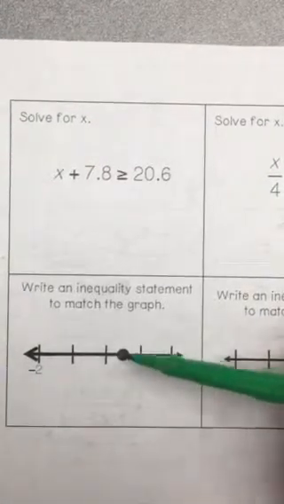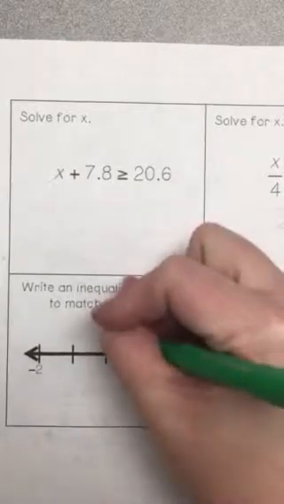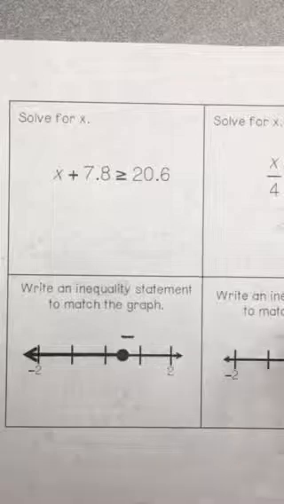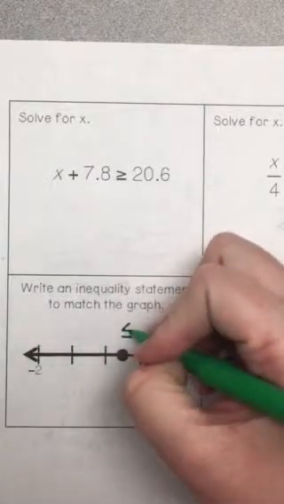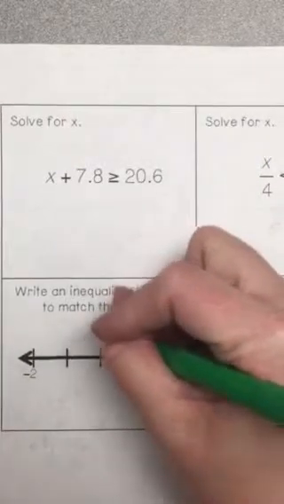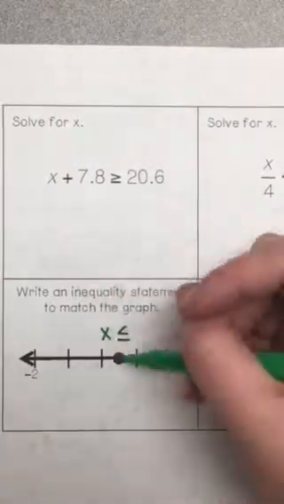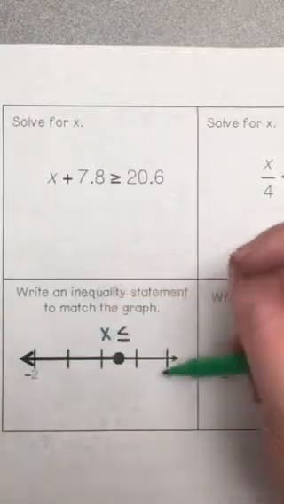So the first thing I know is that this is a closed circle. So whatever it is going to have an equal to part. My arrow is facing to the left, which means it's going to be less than or equal to. I know that X has to go first. So now we just have to figure out what this number is. Well, my number line is going from -2 to +2.